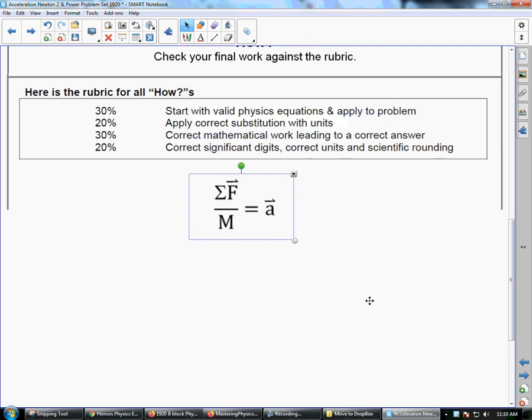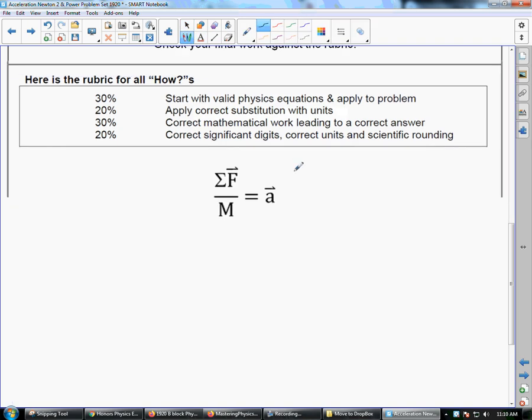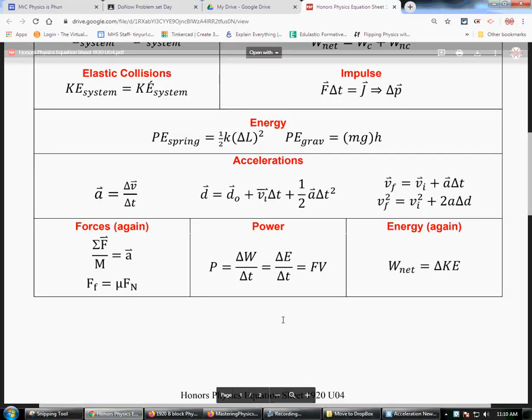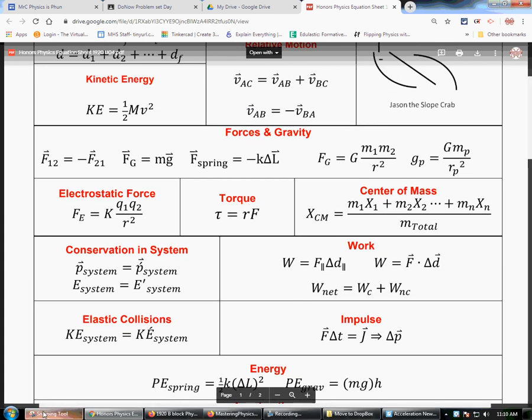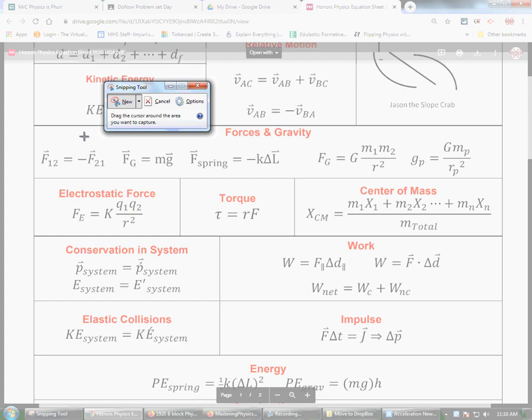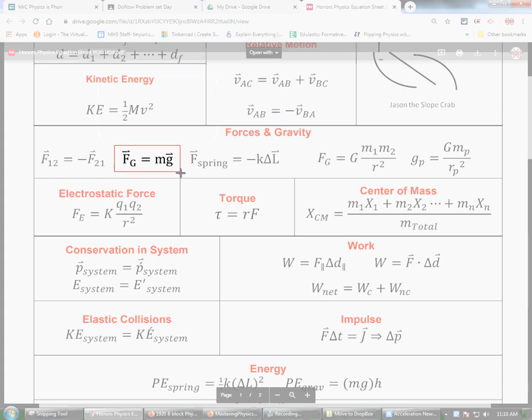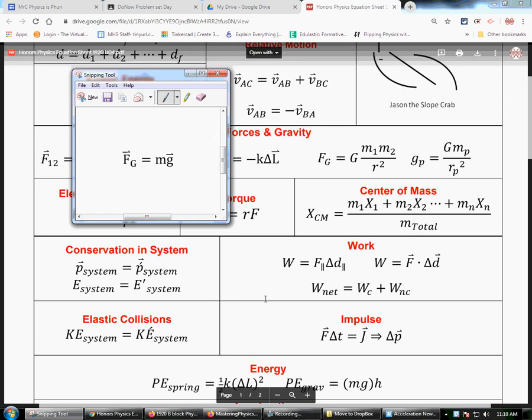That's my equation. So now I have my net force over my mass equals my acceleration. Well, I need one more equation, actually, because when I'm outside the elevator, they tell me what my weight is.